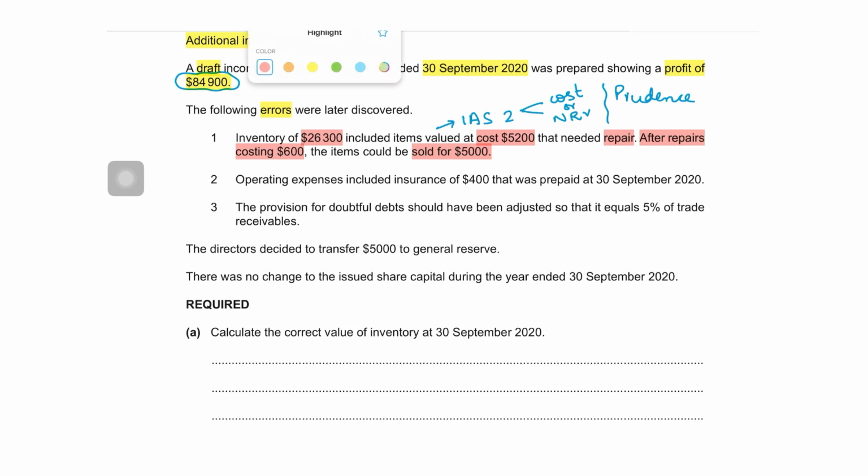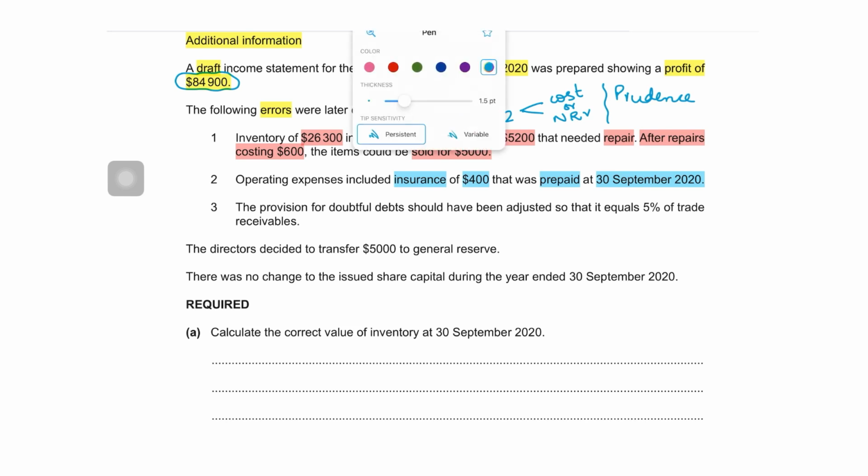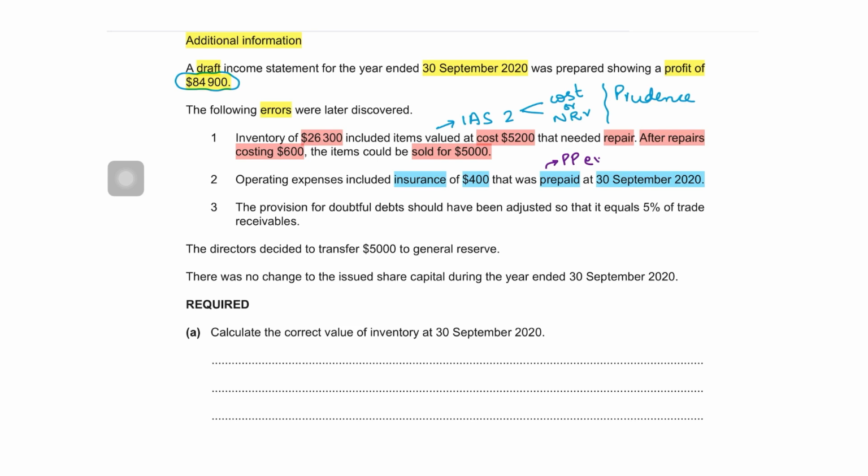Now the next error is related to expenses. It says operating expenses included insurance of 400 that was prepaid at 30th September 2020. Okay, so prepaid expense, is it part of the current year? No, it is paid in the current year, but it is not incurred in the current year.